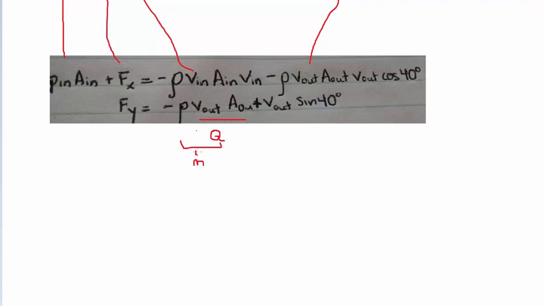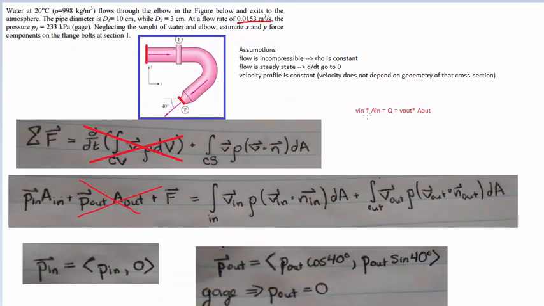I've mentioned this before. So you're already given Q at the beginning of the problem, so you can just put the Q here, but you need to find the V. And the V you're simply going to get from taking that Q and dividing it by the area. And the area is going to be the same area of a circle that you've been using in the previous problem. So pi, whatever the D is there, squared over 4.